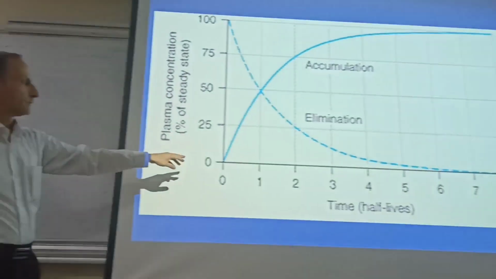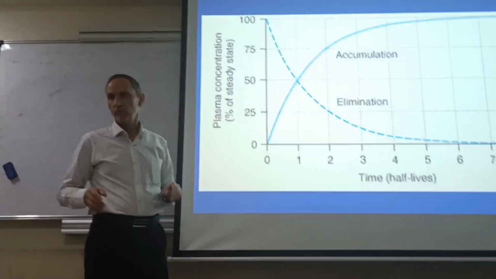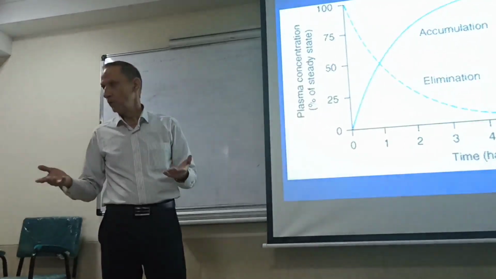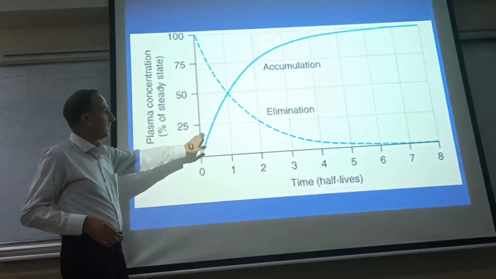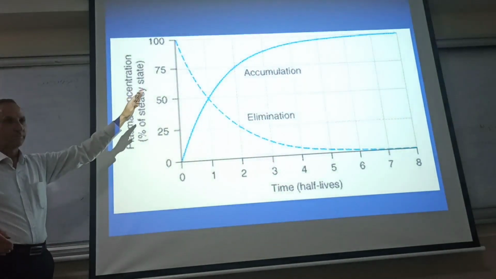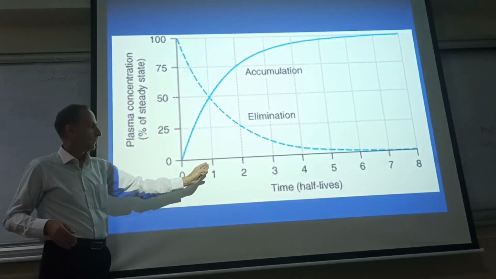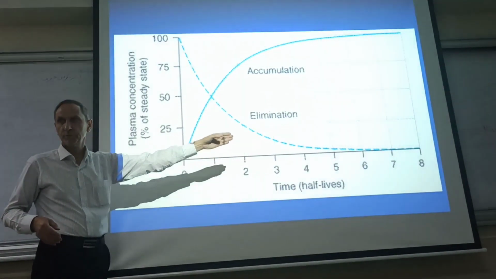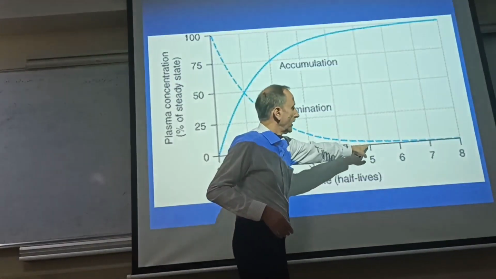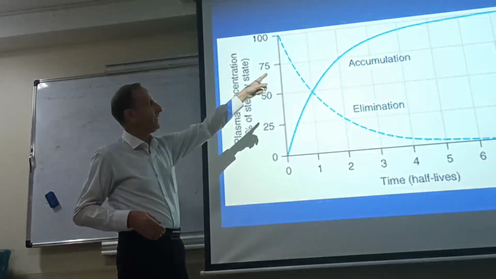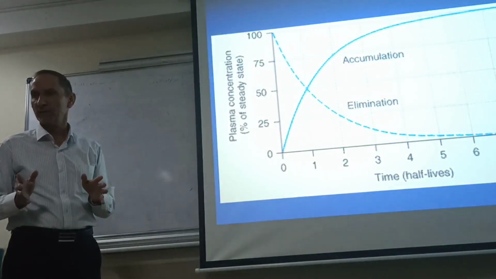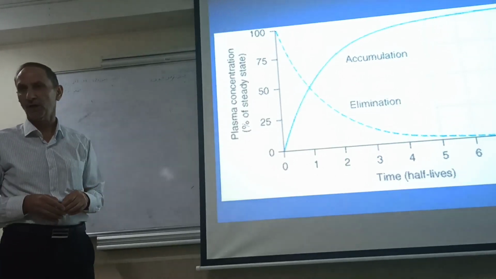You see a diagram. When we prescribe a drug and start its use for the first time, little by little the concentration will increase. Here we have half-lives 1, 2, 3, 4, and more. After 5 half-lives, we reach about 97% of the maximum possible concentration in the blood.